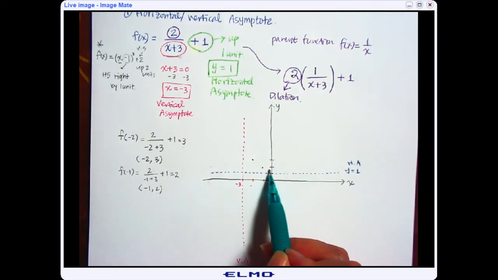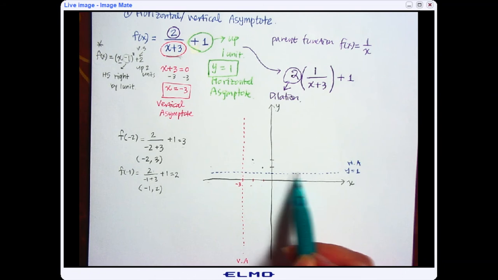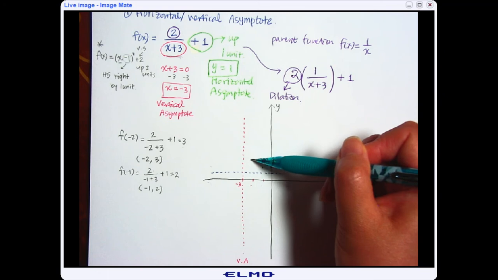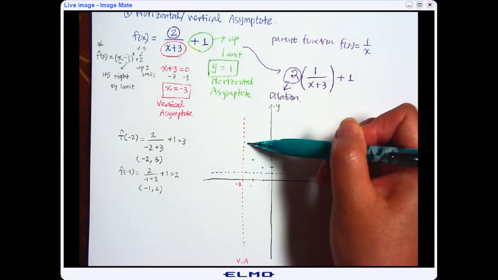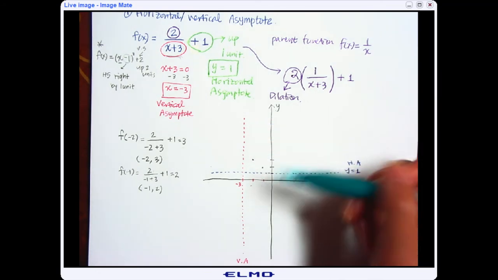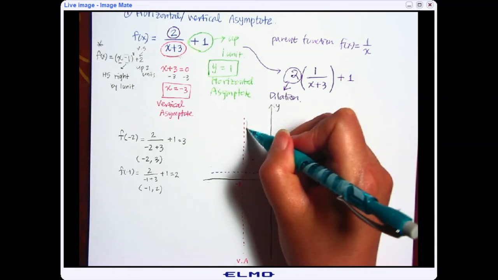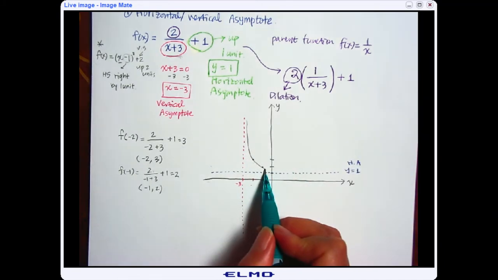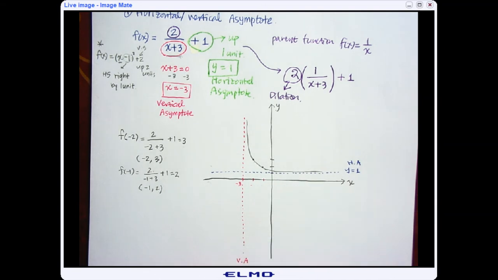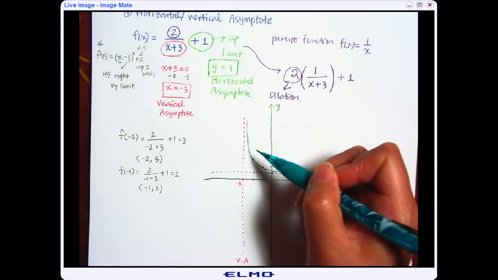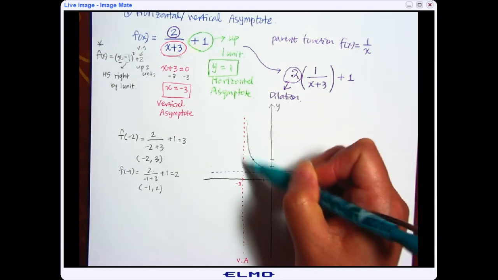And as I keep going to the right it gets closer to the asymptote, as I keep getting closer to -3, and then it will behave as usual with any asymptote, getting closer. So then now I can expect my graph going this way so that I can observe asymptote behavior as I go towards -3.